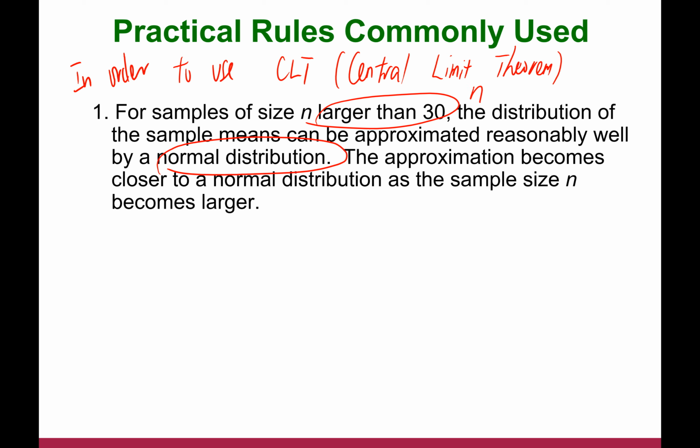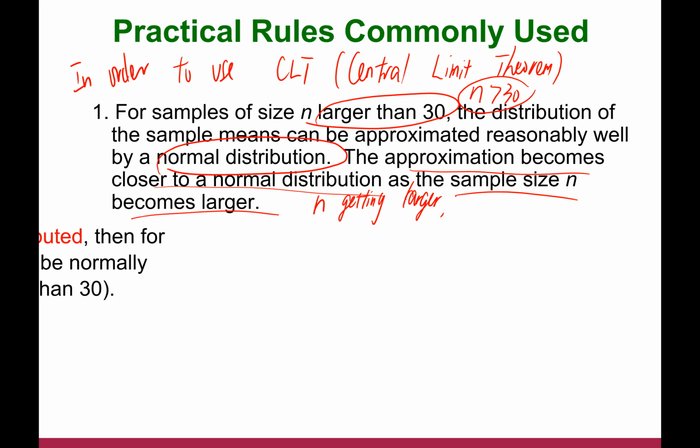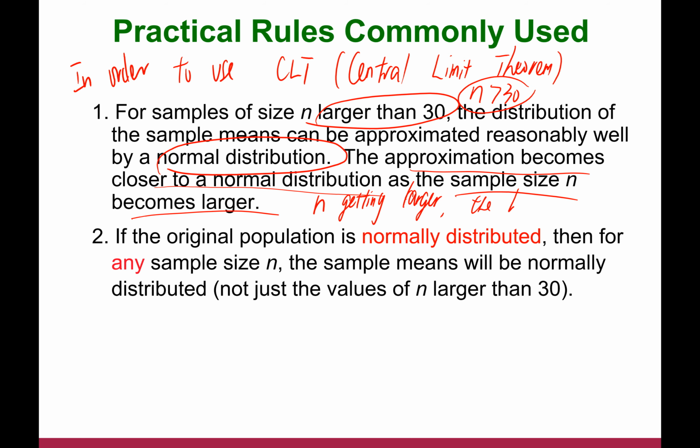So when the sample size is greater than 30, we can use the central limit theorem. And as the sample size becomes larger, the approximation becomes much better, closer to the normal distribution. The larger the sample size gets, the better it is.